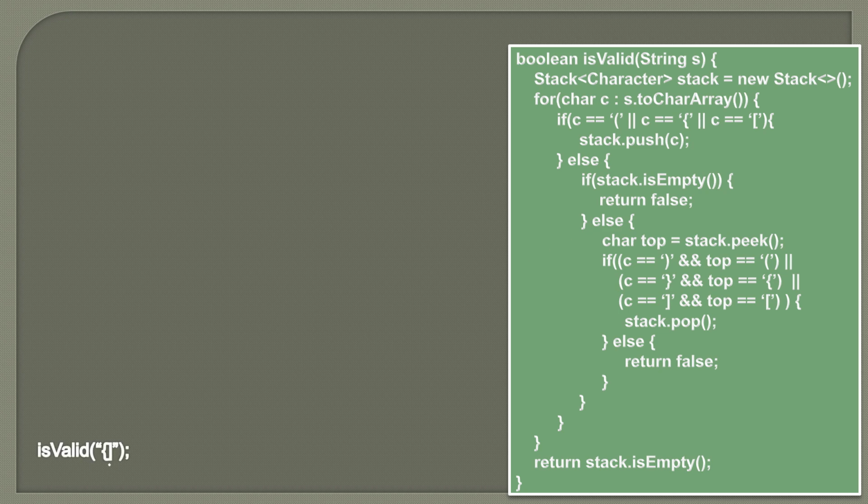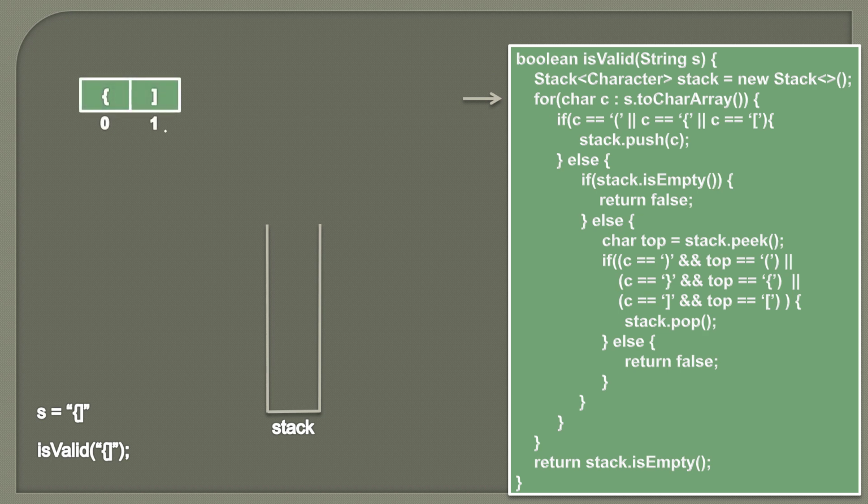Now let's say we are given this string. It has an opening curly bracket and a closing square bracket. We create the stack. We create the char array. So for the first iteration, C value will be the opening curly bracket.